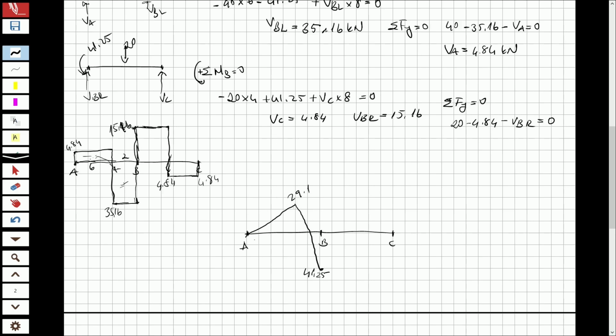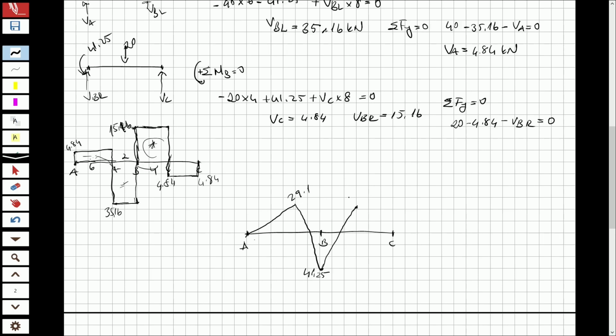And now I stop here. I'm going to increase by that amount of area. So what is that amount of area? 15.16 times 4, right? I will go up by that amount, and I will come to 19.4.